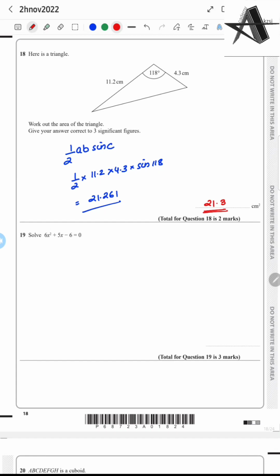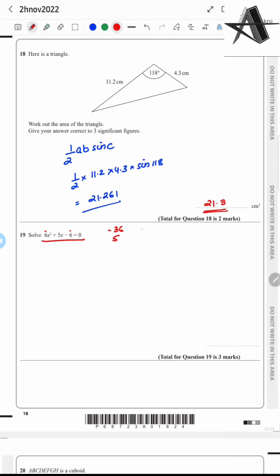Now solve 6x squared plus 5x minus 6. As I told you, solving means they are asking you to calculate the value of x. If I see this one, first let me try with the factorization method. So 6 times minus 6 is minus 36 and 5. You have to think of two numbers that when multiplied will give you negative 36 and when added will give you 5.